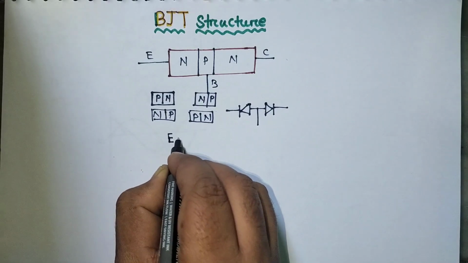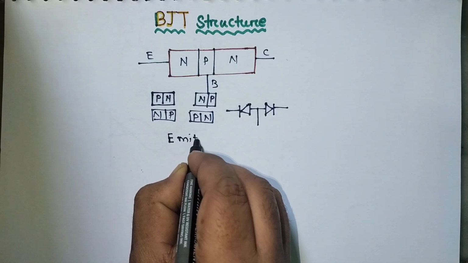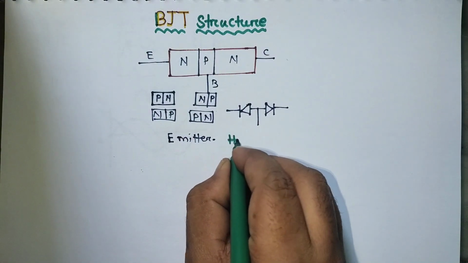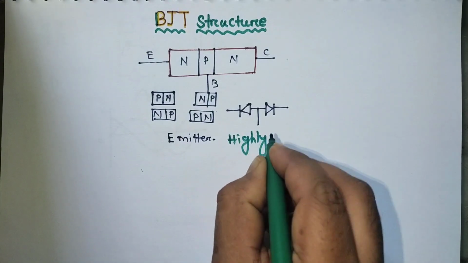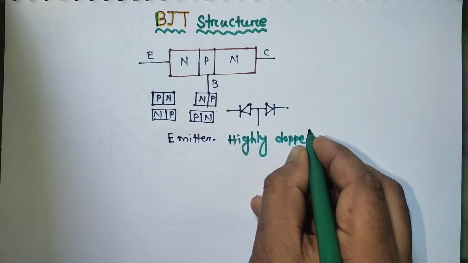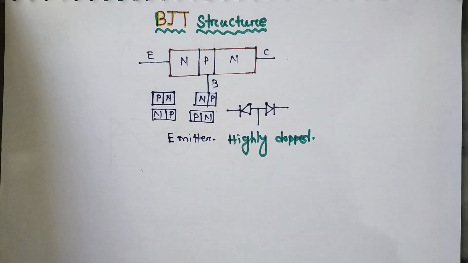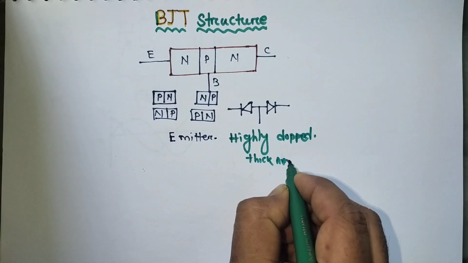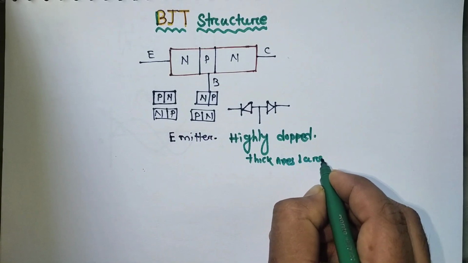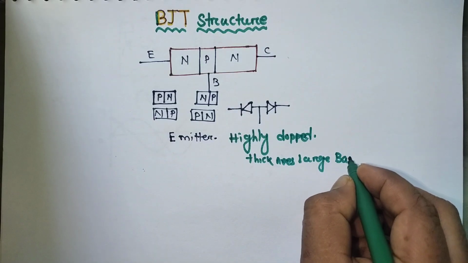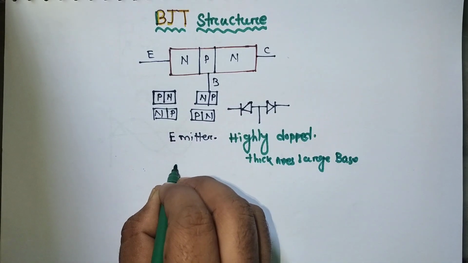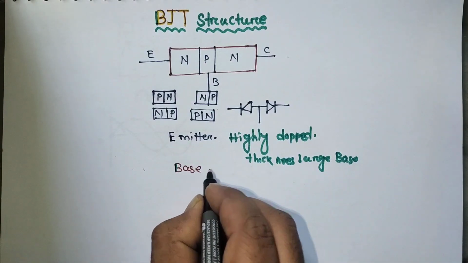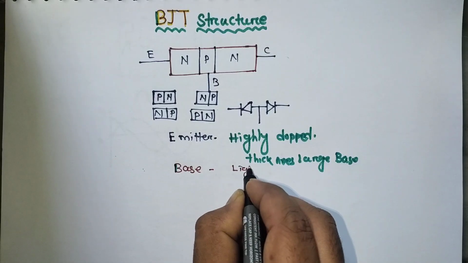The emitter layer should be highly doped, and its area or thickness is larger than the base. The base is lightly doped.